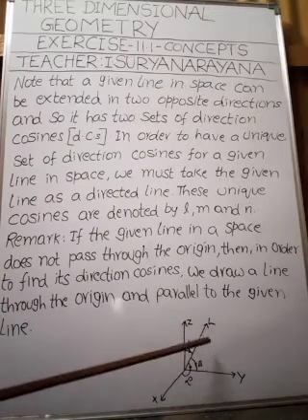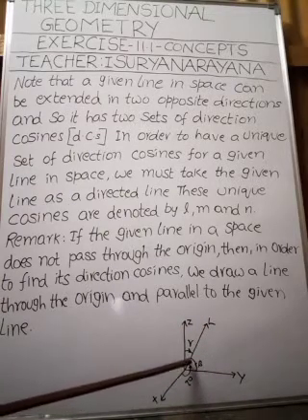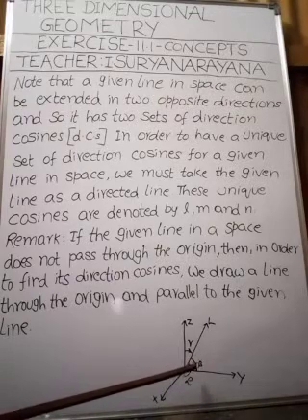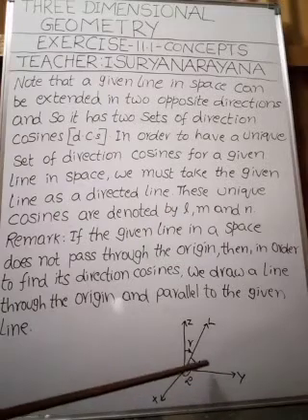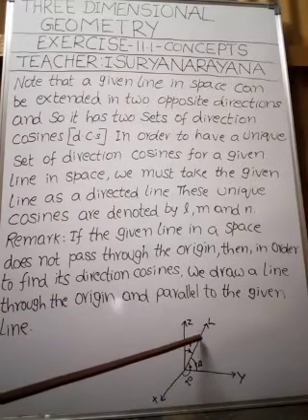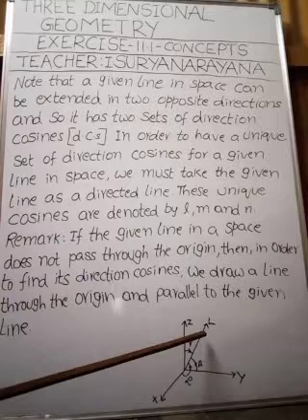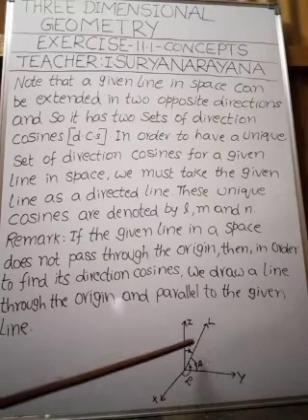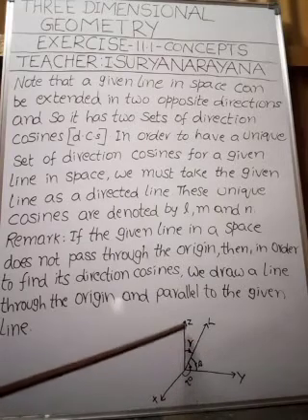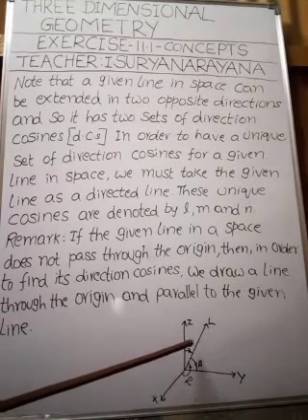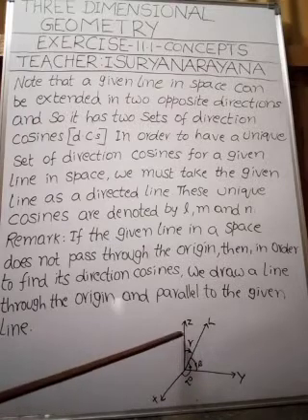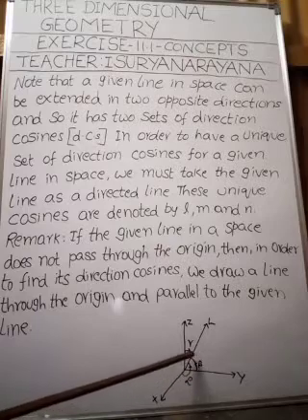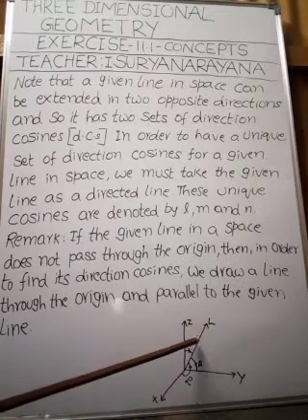This directed line makes an angle of alpha with the positive x-axis in the counterclockwise direction, and beta is the angle made by this directed line OL with the positive y-axis, and similarly gamma with the positive z-axis. These are the angles made by this directed line in space.